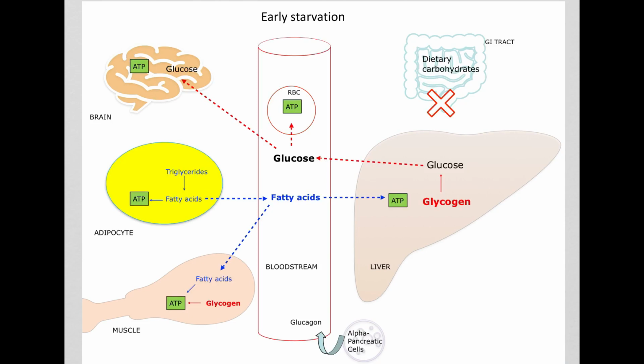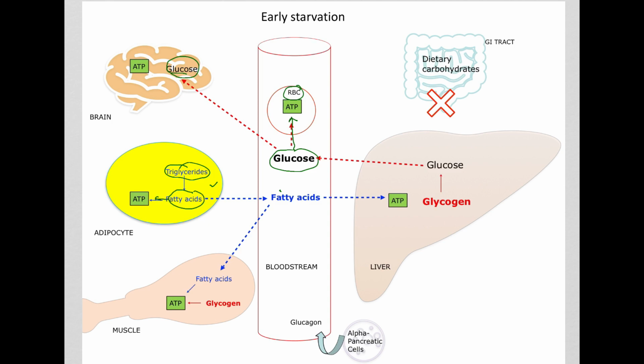So now we have this glucose coming from our liver, and this glucose will now help feed our red blood cells and our brain cells. Now, to make sure that the rest of the cells do not steal this glucose away from the brain and the red blood cells, the rest of the cells start using fatty acids. So the triglycerides in the adipose tissue are broken down into fatty acids.